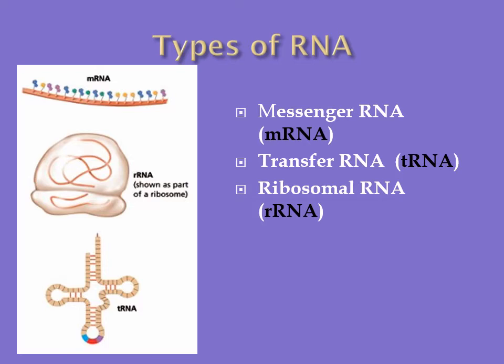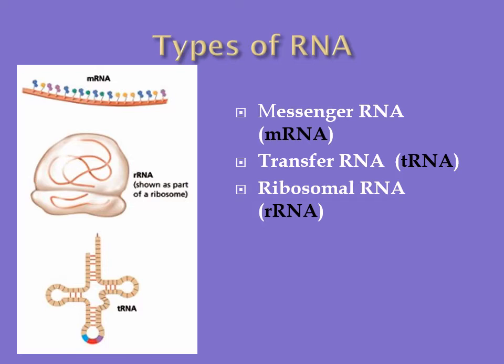Another type is called transfer RNA, and it sort of looks like an upside down T. Oftentimes it's called tRNA for the transfer part, and the fact that it looks sort of like a T helps me remember that. This type is going to actually bring the building blocks of the proteins together to help make the protein. Okay, so those are 2 different types.